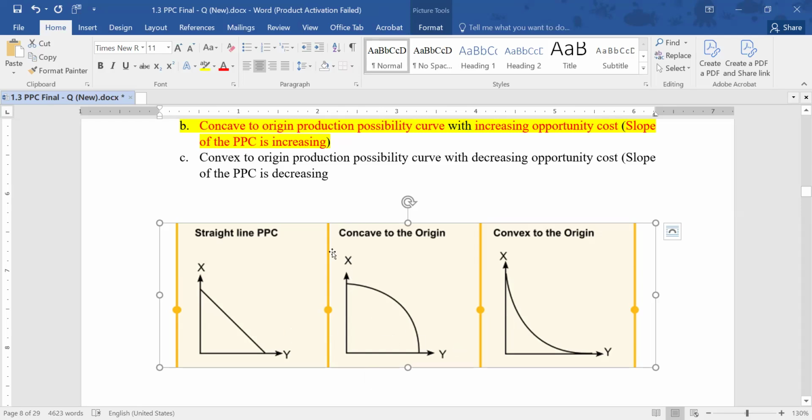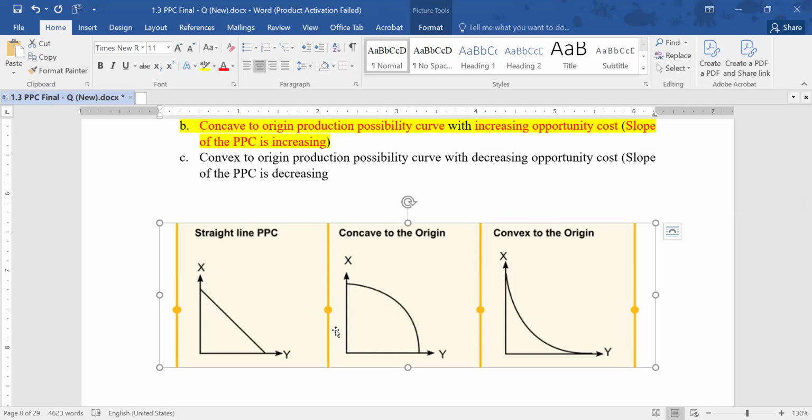But most of the time, the examiner will ask the second scenario, concave to the origin PPC. That means when you look from the origin, it is concave to the origin, caving inward, right? When you studied the types of mirrors, I think you have studied convex and concave mirrors, right?